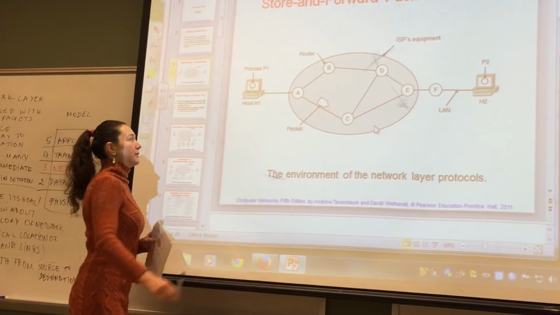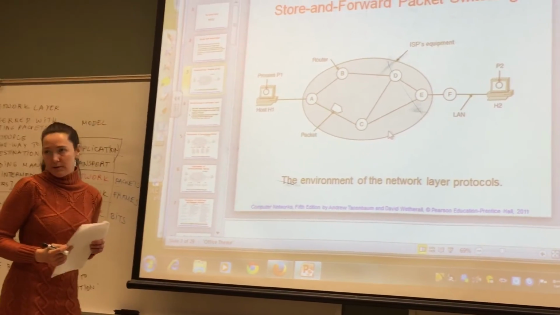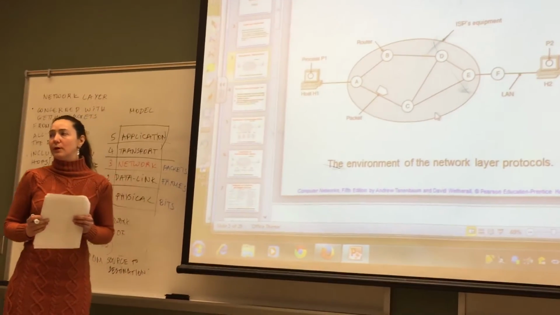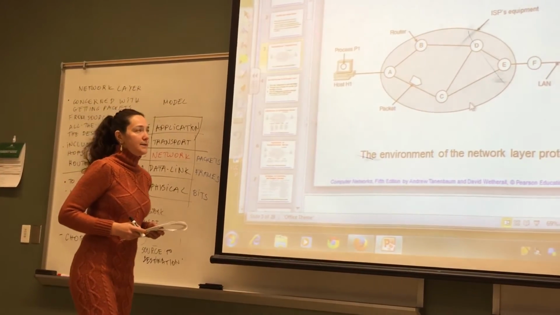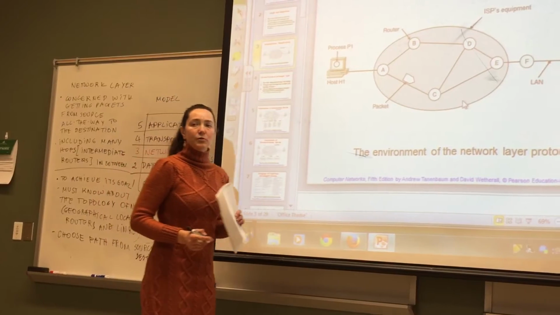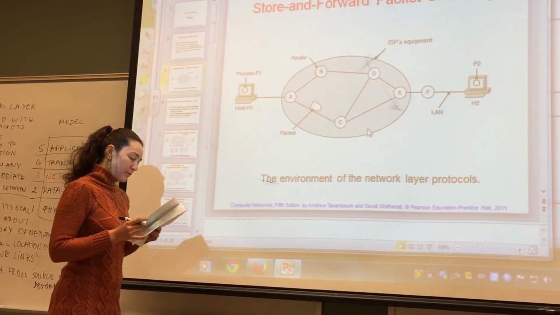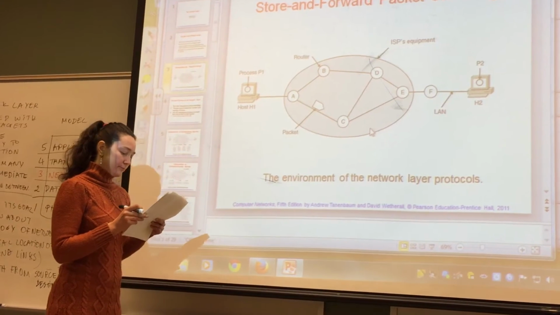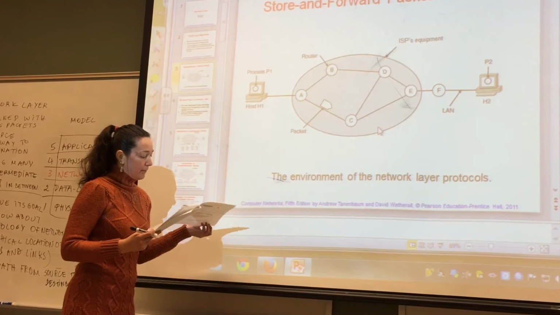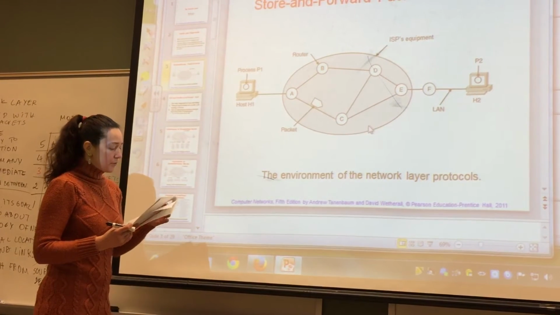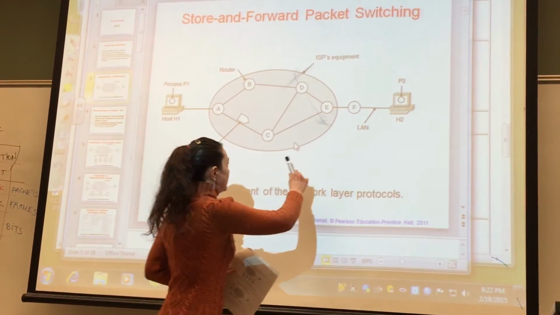Then the router gets it and stores it briefly and examines it, that it's complete and that it has received all the parts of this packet. And once it has them, it forwards it to the nearest router along the path until it reaches the destination.